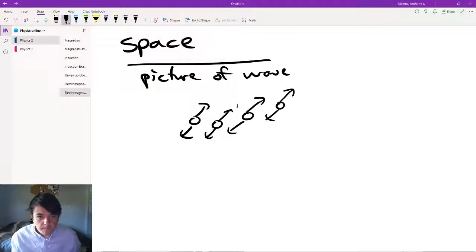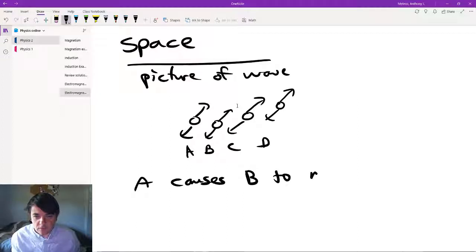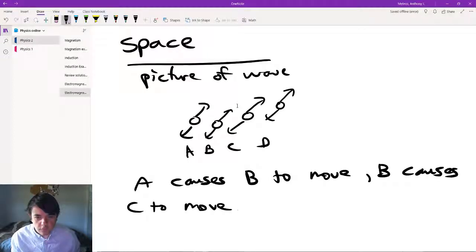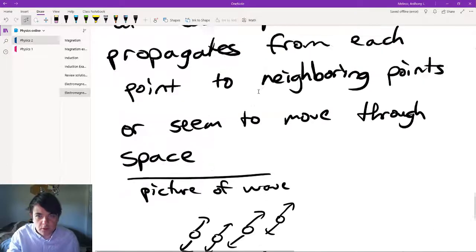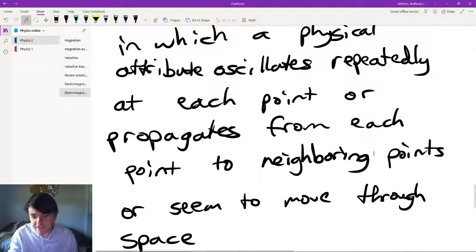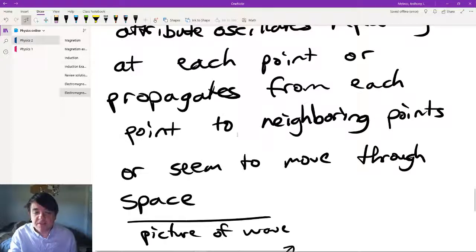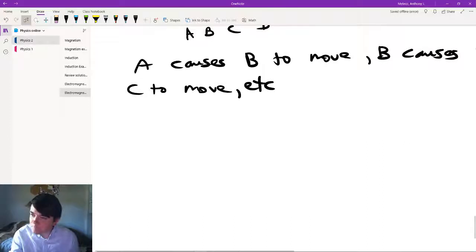So A causes B to move, B causes C to move, etc. It's moving back and forth and transferring that motion to the particle next to it. So from each point to neighboring points, it seems to propagate outward from that original oscillation. So that's what a wave is.